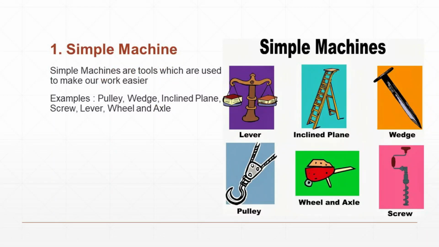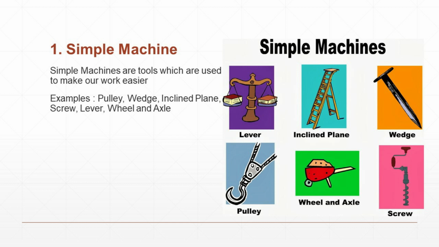First, let us know simple machines. Now look at the slide. You can see some of the machines: lever, inclined plane, wedge, pulley, wheel and axle, screw, etc. Now let me know what you mean by simple machine. Simple machines are tools which are used to make our work easier.